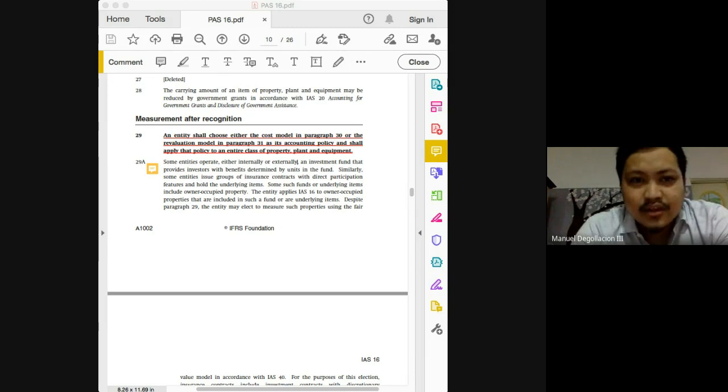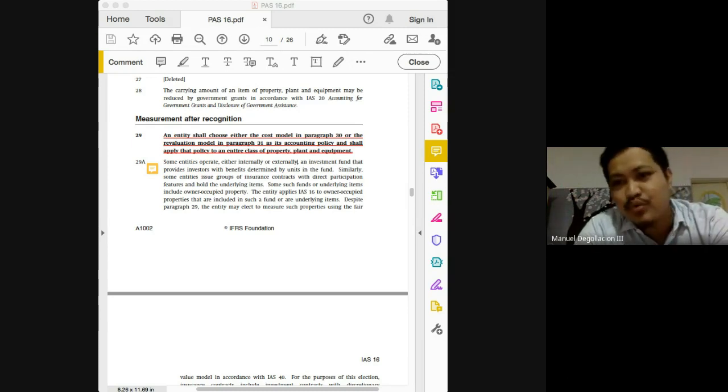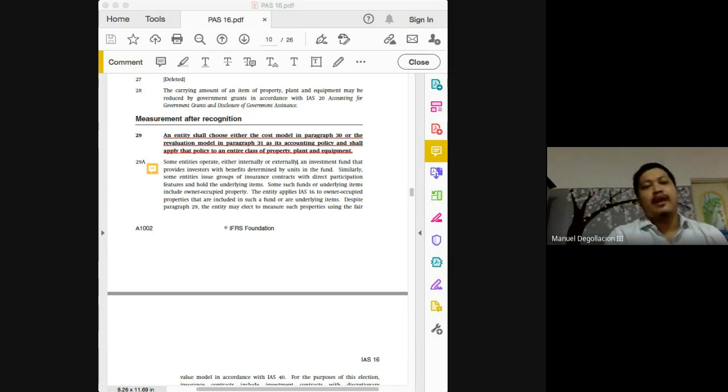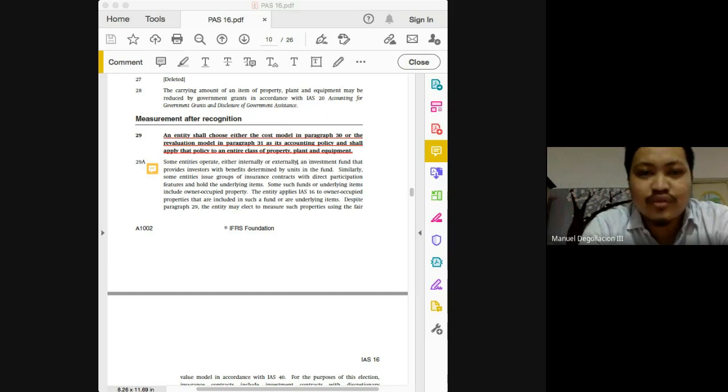You'll notice, class, if you go over the standard, the provisions in the standard are numbered. Okay? If you will see a number and then a letter, class, that would indicate that this is an amendment or an addition to the standard. Okay, so paragraph 29A essentially is a new paragraph, class.